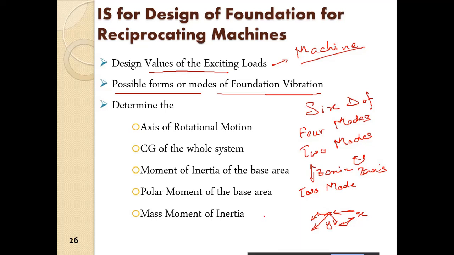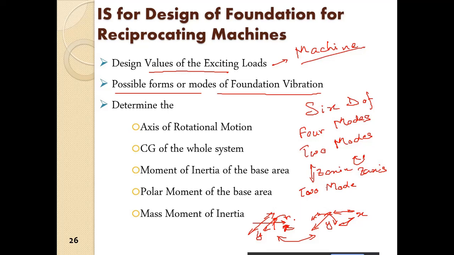Or alternatively, we can say translation along the y-axis and rotation about the x-axis. Ultimately both of these modes are the same and they are coupled. If there is rotation about the x-axis, there will be some amount of translation along the y-axis. Similarly, if there is translation along the y-axis, there will be some amount of rotation about the x-axis.